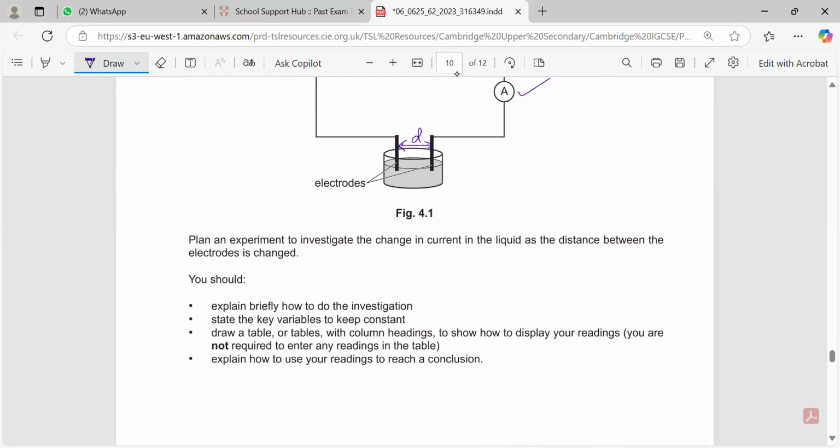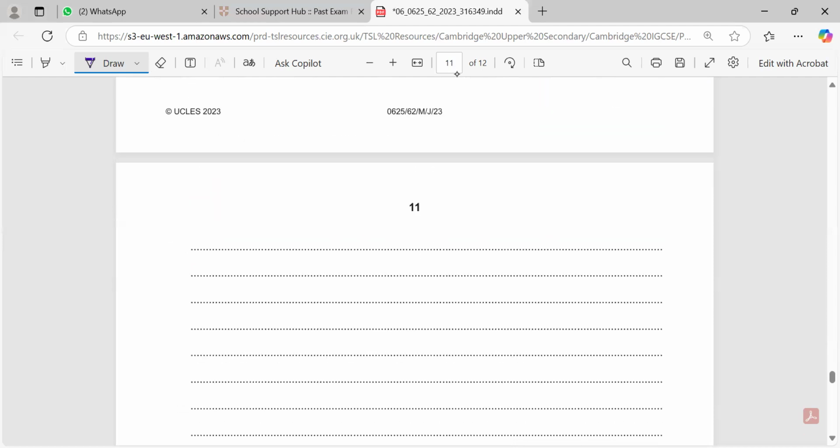Very simple. I will start like this: connect the circuit as shown in the figure above.